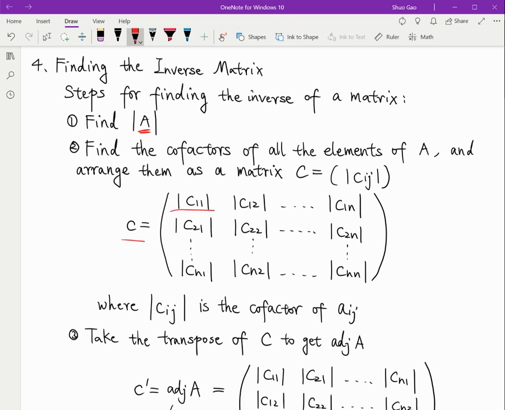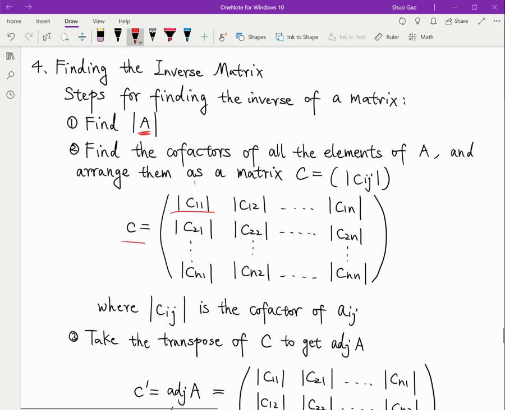Here C11 is the cofactor of the element A11, and C12 is the cofactor of A12. C1n is the cofactor of A1n.